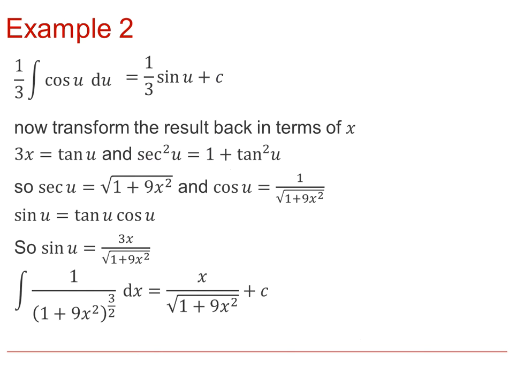You have to be really careful with the numbers. Because the x equaled 1/3 of tan u, then 3x will equal tan u. And then we use this identity, giving us this, which might not be immediately obvious from the initial substitution.